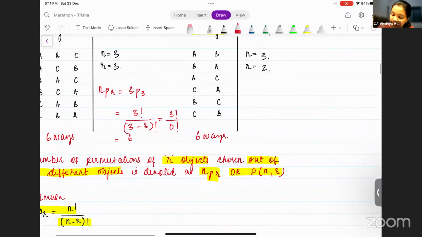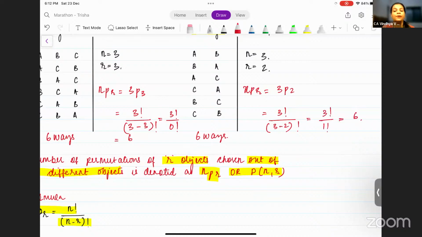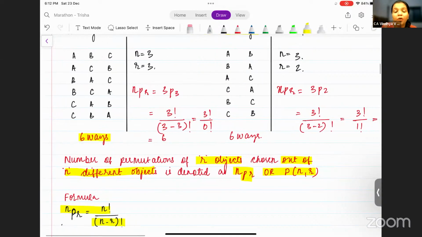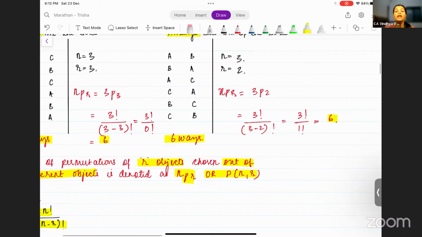And in the second case, nPr will be 3P2, which is 3 factorial by (3 minus 2) factorial, 3 factorial by 1 factorial, which is also equal to 6. So what you need to understand from here is that we found out how many ways there are. But in the exam, what we need to find is the number of possible ways and not the possible arrangements themselves. This arrangement is not required to be found out. So here also 6, and here you get 6 using the formula.